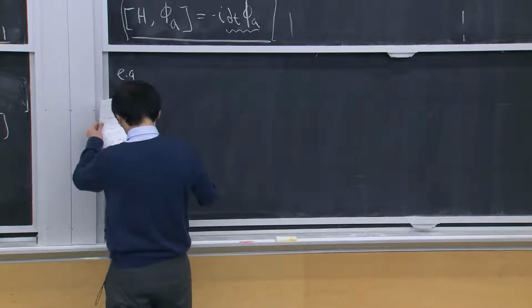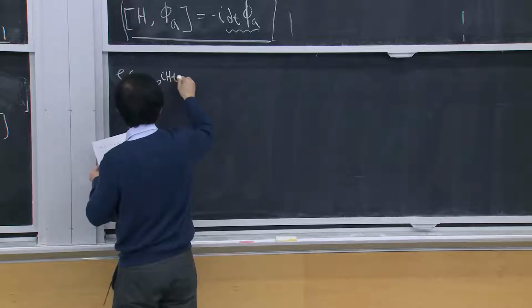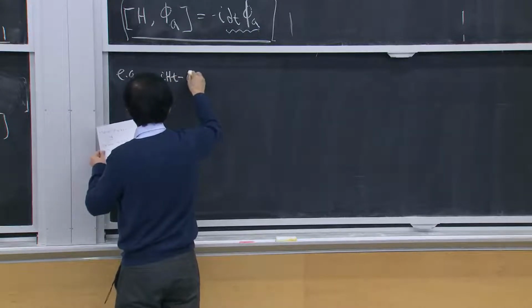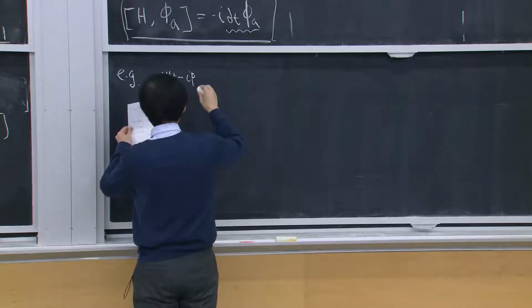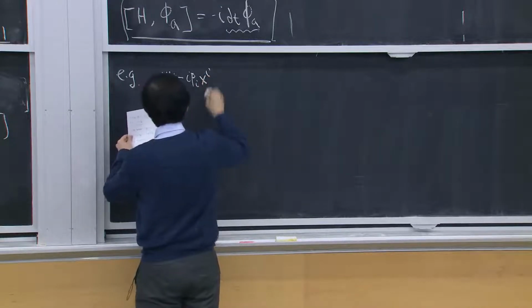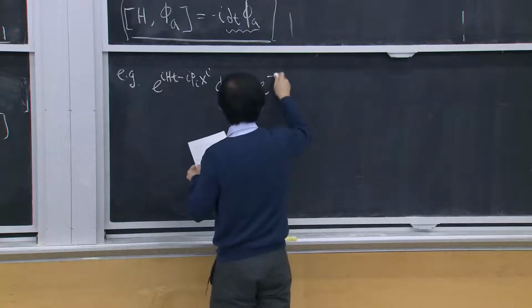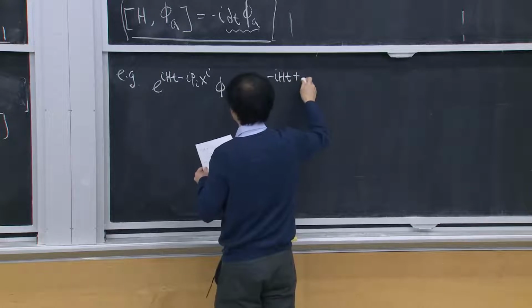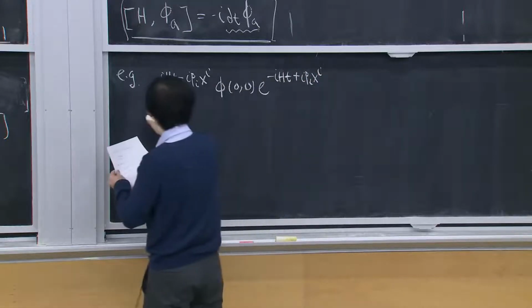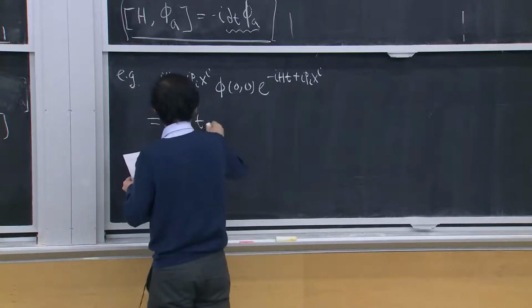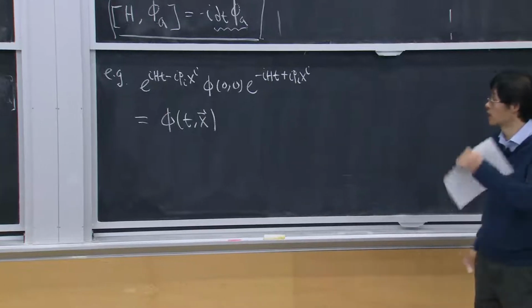So you already worked out the example in your P set that if you consider H_t minus π_i ξ^i acting on φ(0), minus i H t plus i π_i ξ^i, then this just gives you φ(t, ξ). Just gives you φ(t, x).